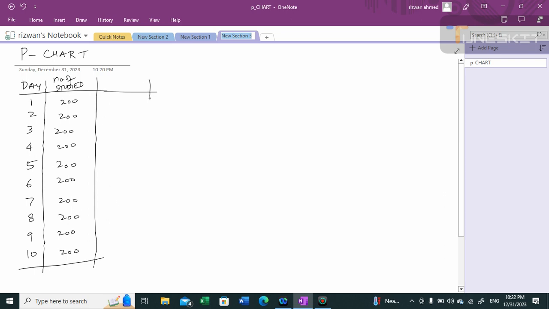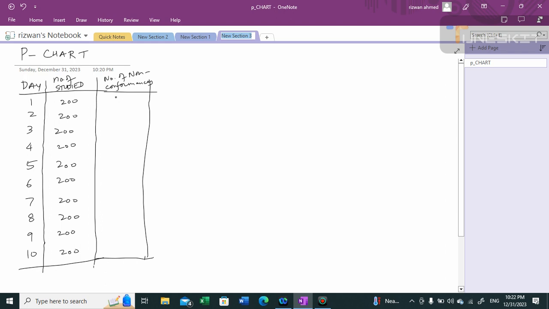Now I am giving you some random values. Let's suppose out of 200, the number of non-conformances, in this perspective, the number of rooms not ready to be occupied by the incoming guests.